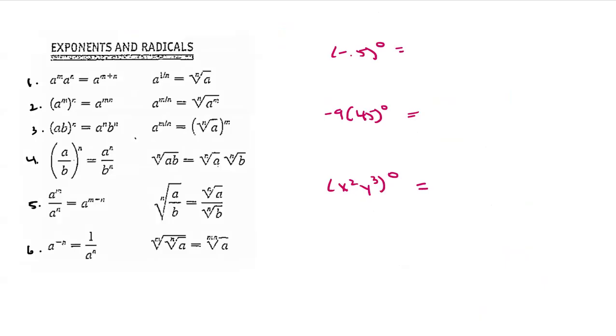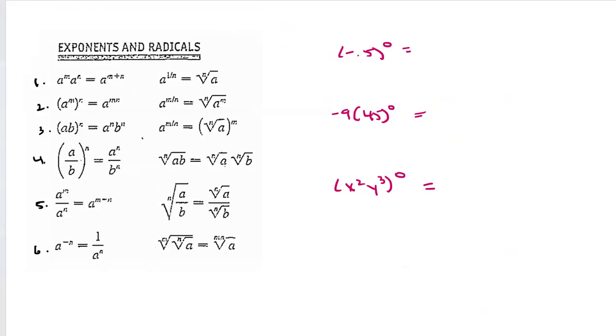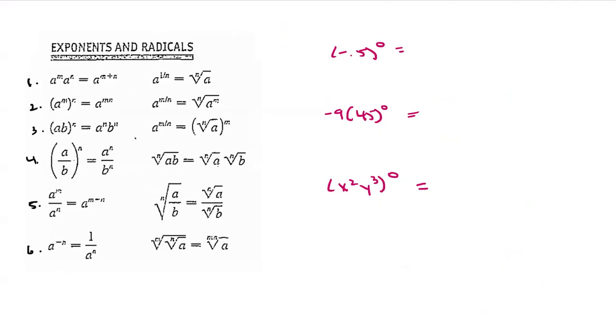All right, so what are we going to have for the first one? We got negative 0.5 raised to the 0 power. What is that going to be? What do you think? It's not 0. It's going to give us 1.